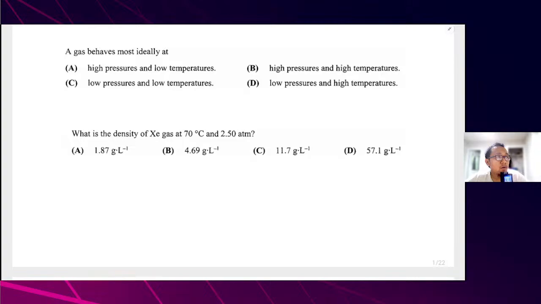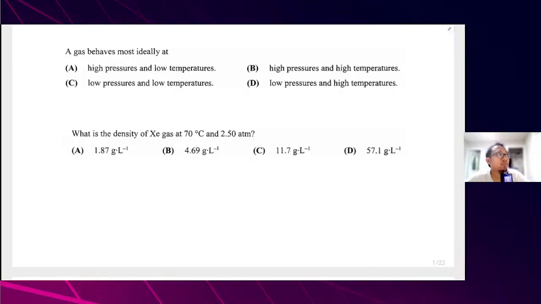Okay, you can find this chapter in our textbook. If we are looking at the material, it is aligned to two chapters. The first one is gases, and the second one is liquids and solids.